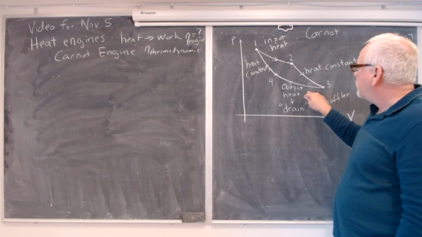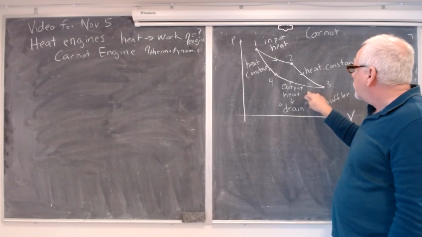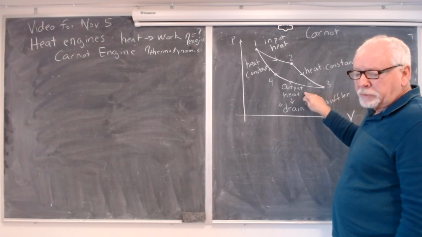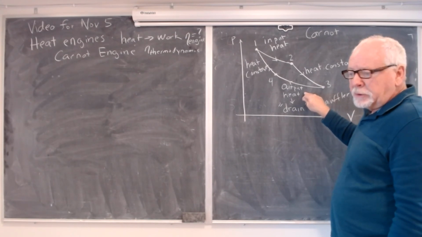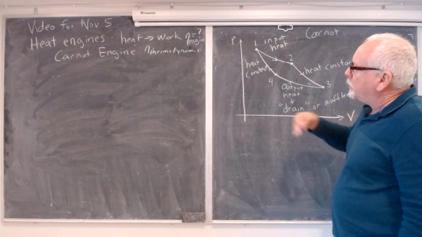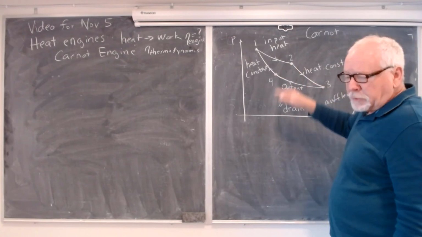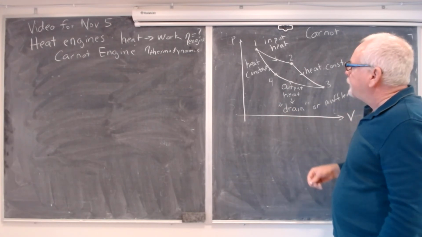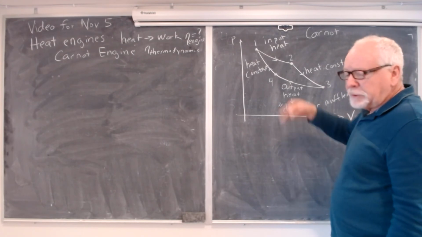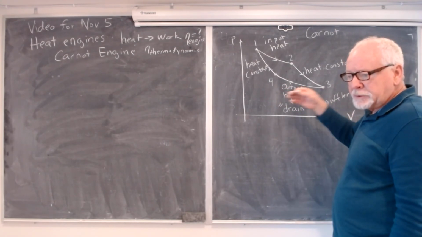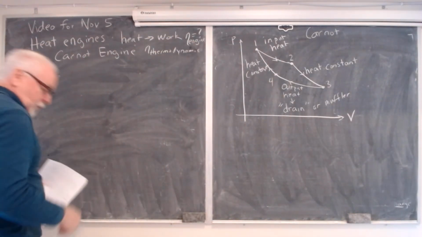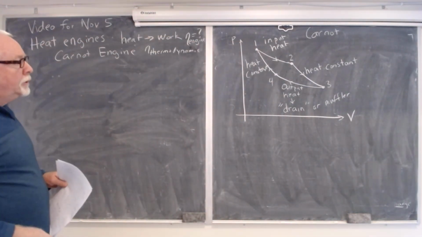So there has to be a part of the cycle where you're discarding heat in order to have an open curve like this. While I'm not going to prove it, this Carnot cycle, and we'll go through the actual equations in a little bit, is the most efficient engine you can have, and we're going to calculate that now.